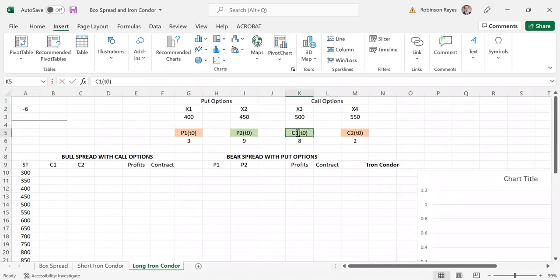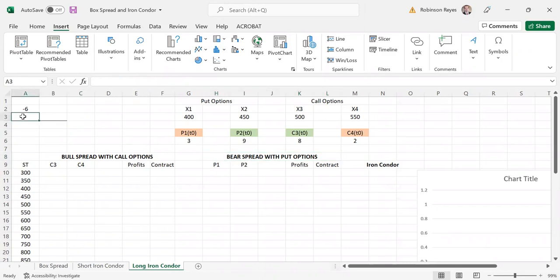In the previous video, I changed this notation, C1, C2, to C3, C4. The same thing I did here. Let's do it here as well so we can identify it better. The second thing is we will form the bear spread with put options, right?